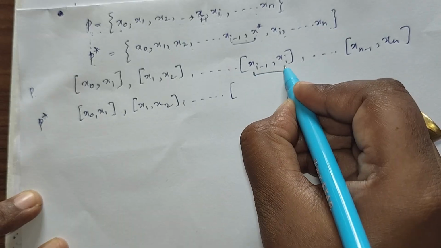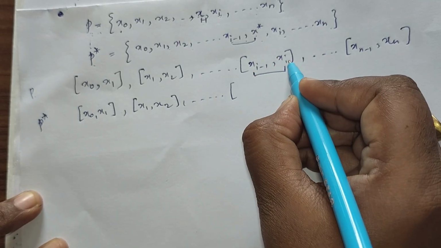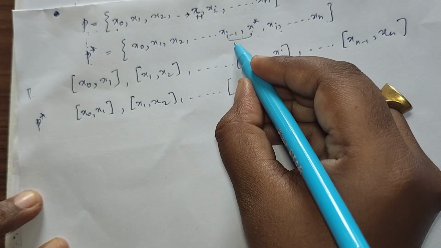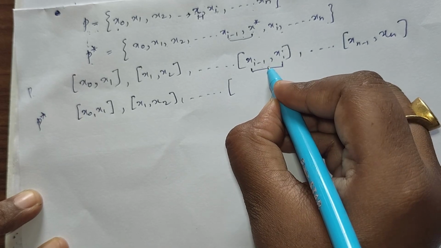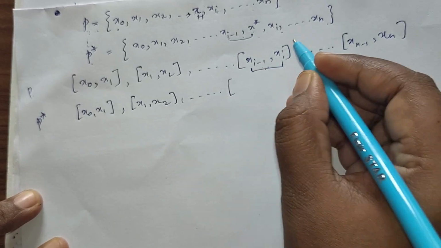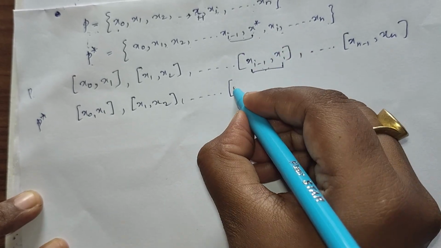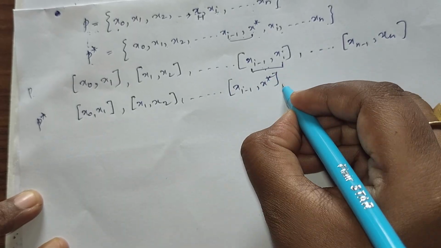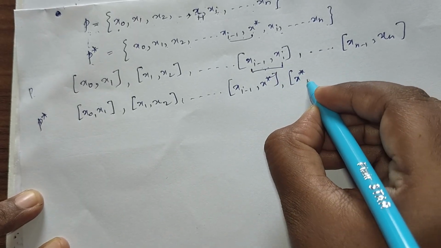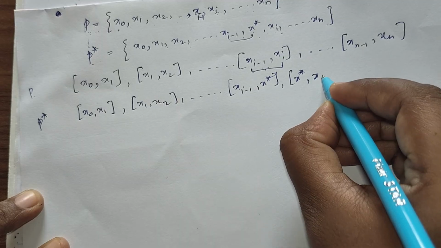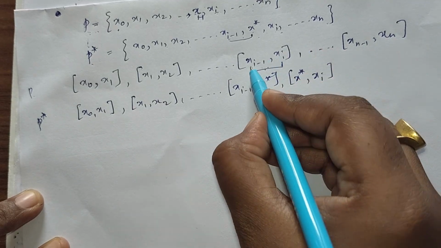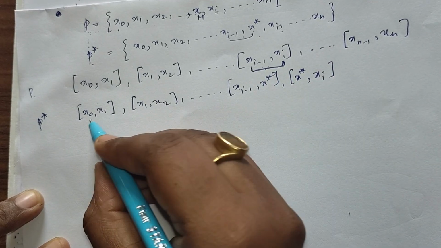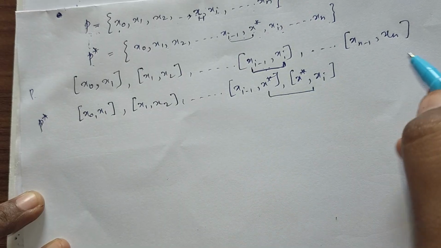It is not this now, x i minus 1, x i, that is in P. Now this single subinterval will be split into two subintervals. So it will be like x i minus 1, x star, and x star, x i. So instead of this one subinterval, here in P star we are having two subintervals.